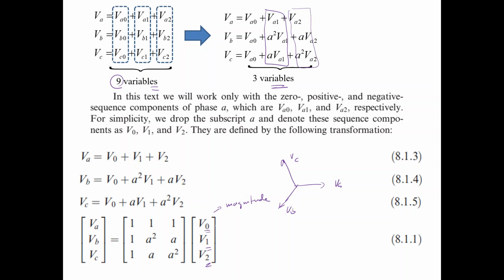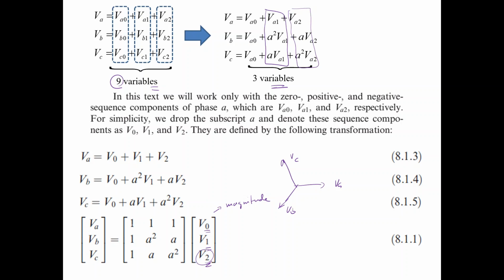If you know just the magnitude, you can define the other variables. For V2 similarly, if you know the length of this arm, the magnitude of the phasor, you know the angle straight away. The zero sequence is not a problem, because the zero sequence in each of the phases is the same.